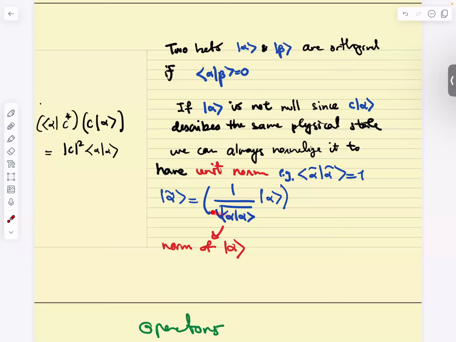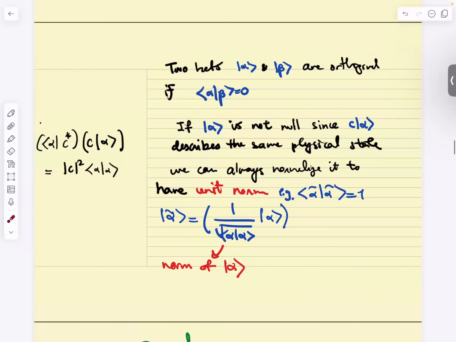I introduced this vector, which is a normalized vector. Why? Because when you calculate this bracket, it comes out as 1. It has unit norm. So these states that I've been talking about in the Hilbert space, this is a convention. We're always going to normalize them to unit norm because there's no physics associated with multiplying the vectors by numbers.